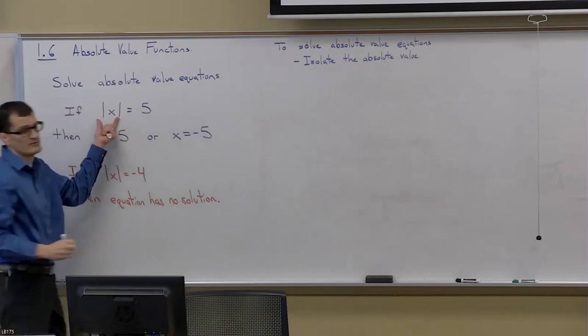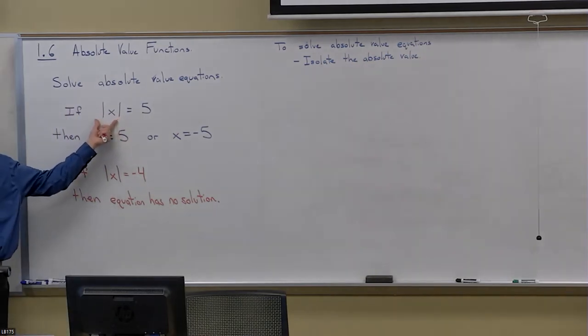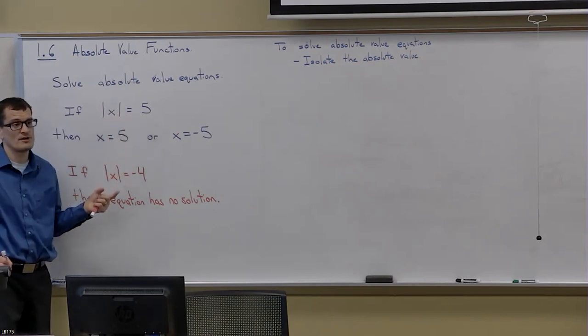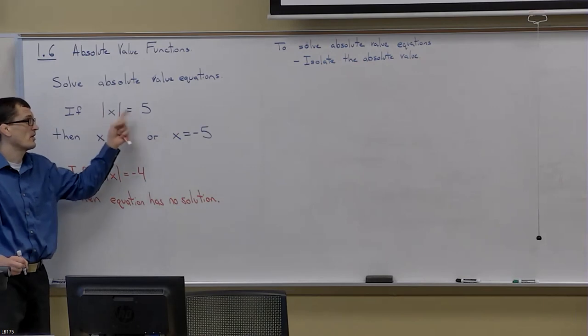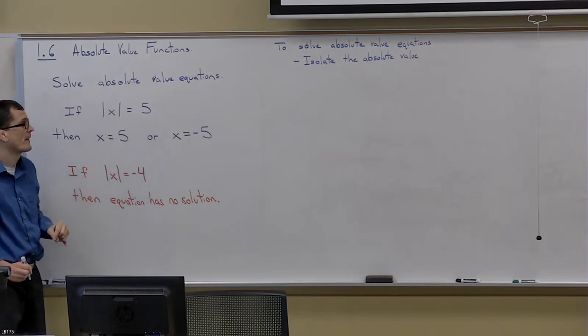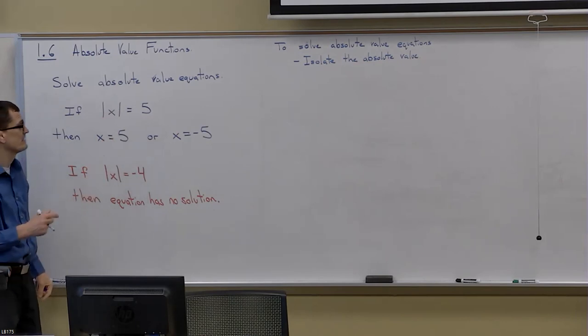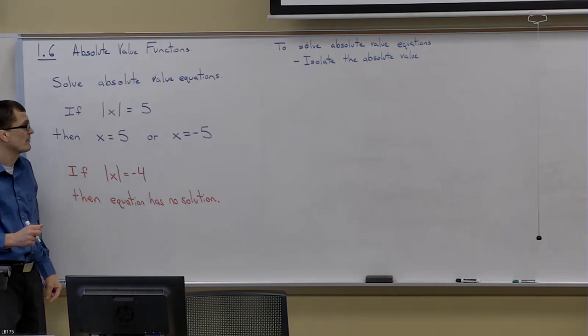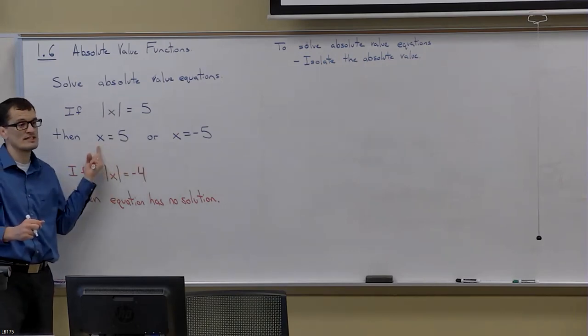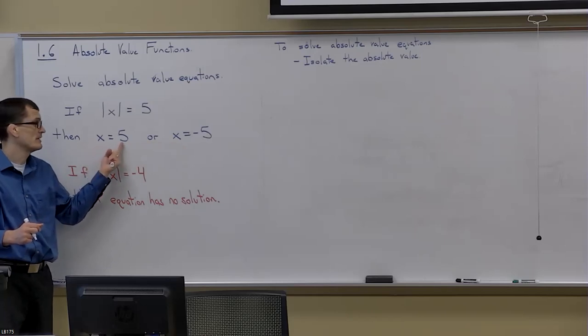So get the absolute value on one side. Hopefully it's equal to a positive number. Sometimes it's hard to tell if the number is going to be positive because we'll have variables on this side too. But we isolate that absolute value. And then we set whatever is on the inside equal to the positive version.